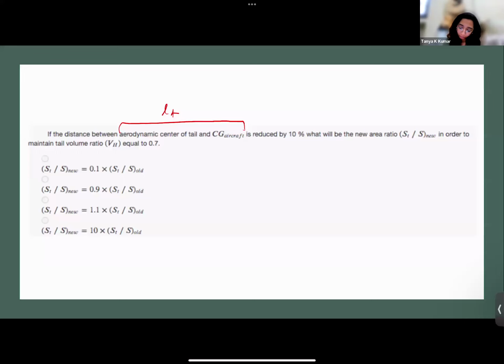So what we know is VH old is equal to VH new. For this, what should be the new area ratio? Let's try to calculate this. Take a couple of minutes and solve this.